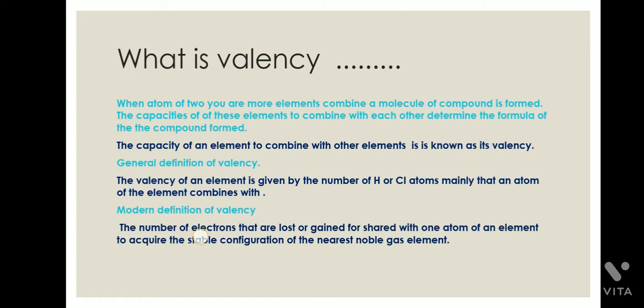All the noble gases are stable and their valency is 0 every time. So why are they stable? Elements try to be stable, so they try to acquire the stable configuration of the nearest noble gas element.